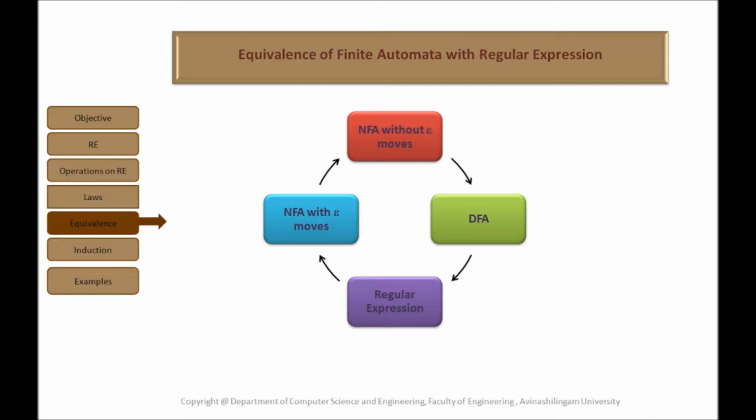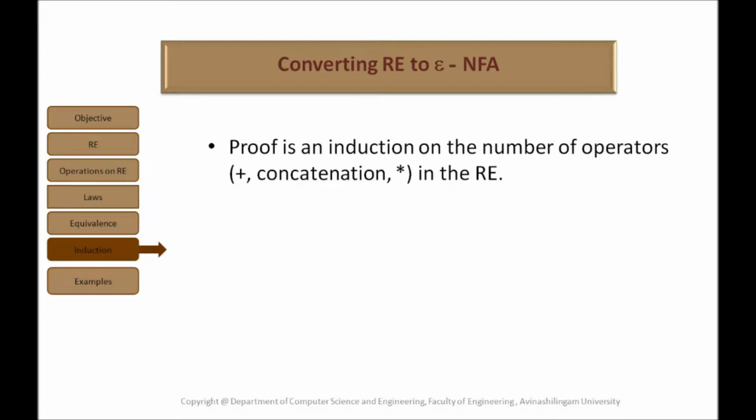Next we will see how to convert the regular expression to an empty NFA, that is, an epsilon non-deterministic finite automata. We have a proof, which is an induction on the number of operators, that is union, concatenation and closure, that is plus, dot, star in the regular expression. There are 3 inductions.